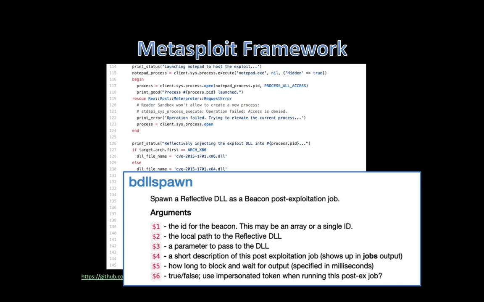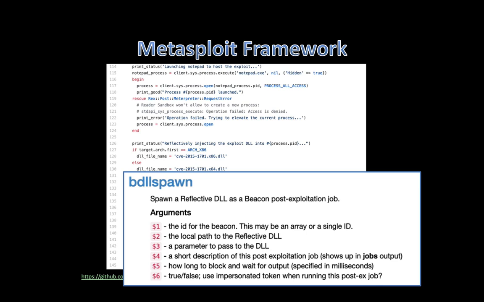I want to show you a function, bdll-spawn. This is part of Cobalt Strike's aggressor script scripting language. As arguments, it accepts a path on your local system to a reflective DLL and a parameter to pass to that DLL.